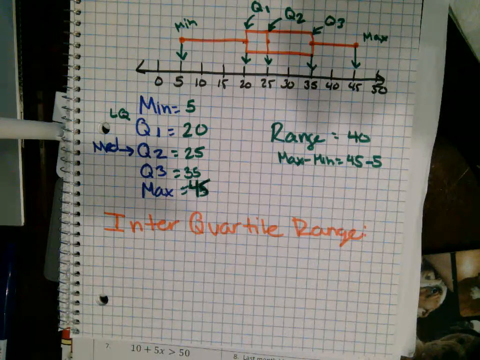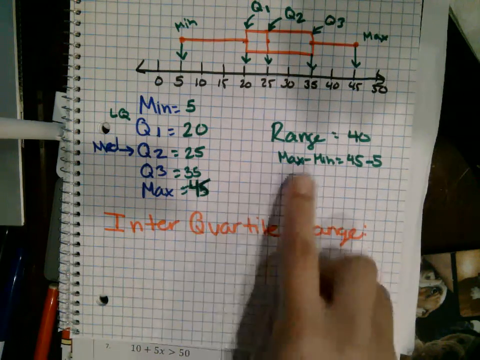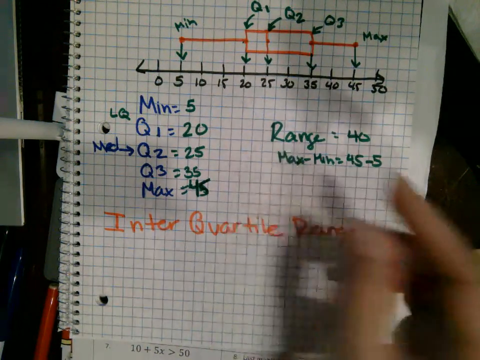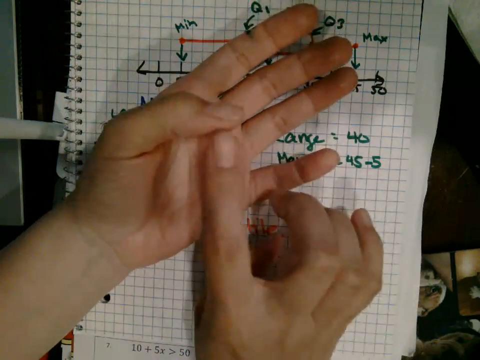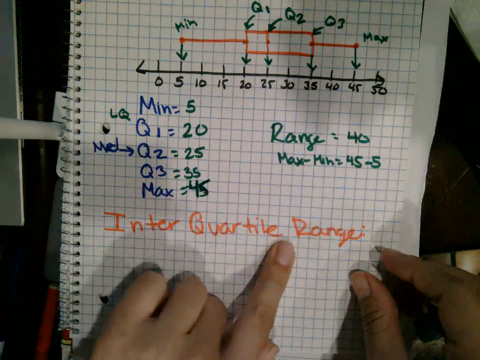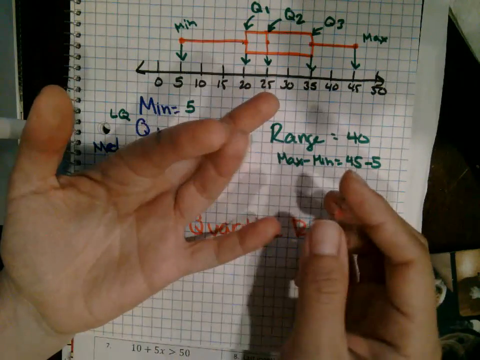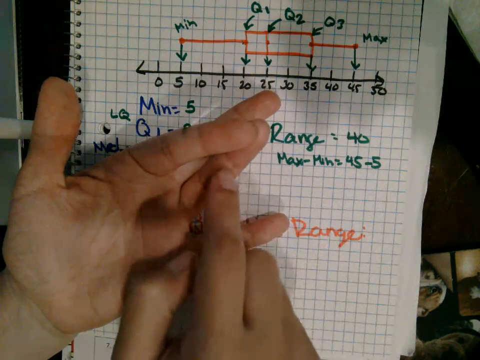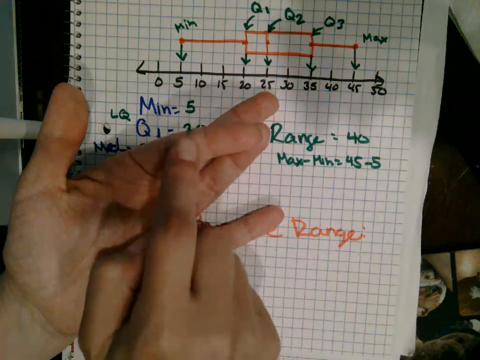Okay, the interquartile range. So this is the regular range. The regular range is like your minimum to your maximum. That's your range. The interquartile range is the range from these two, the quartile 1 and quartile 3.